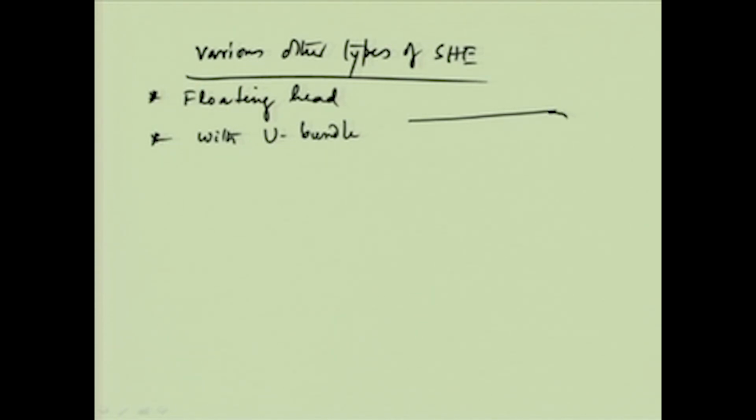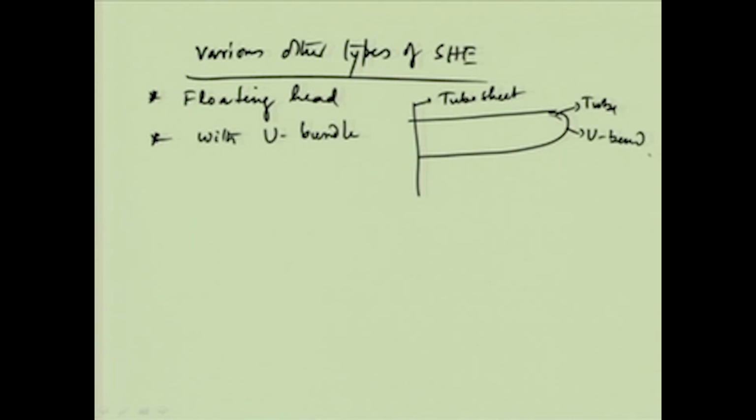The tubes have a U bend in the shell and tube heat exchanger, and they are fixed with a tube seat. This is the tube seat, and this is the tube with U bend.